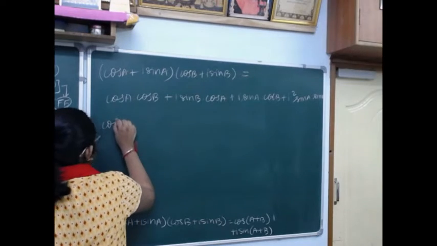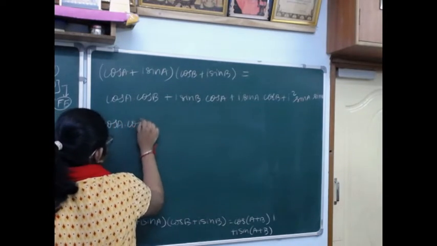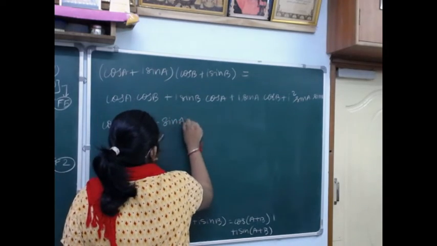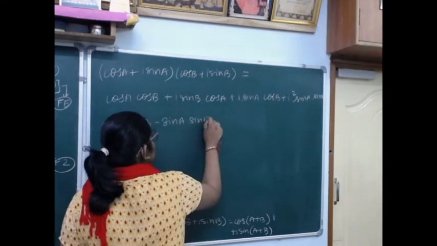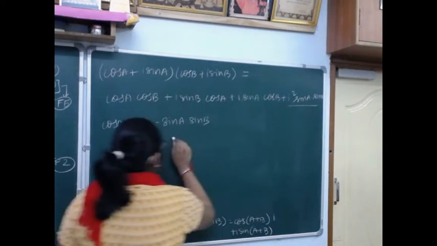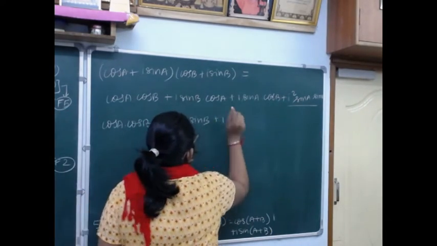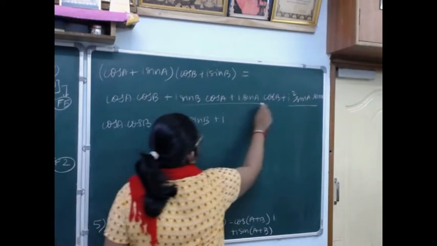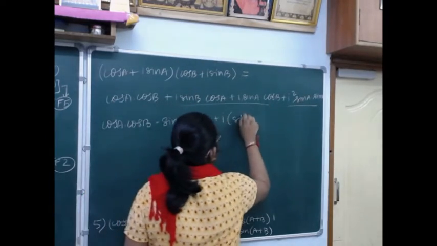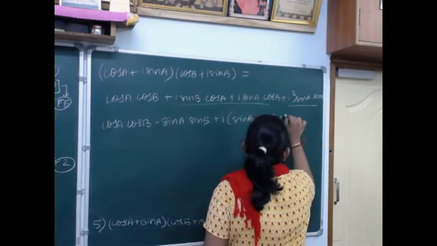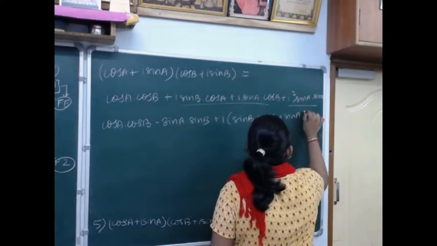So cos A cos B minus sin A sin B. Next, we can take i as common from both the other terms: sin B cos A plus sin A cos B.